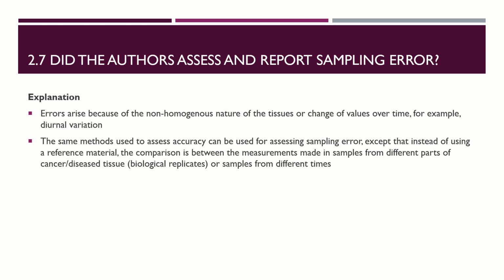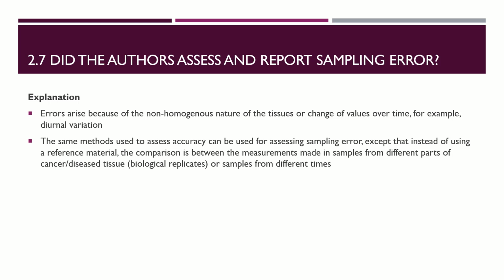So the next signaling question is 2.7. Did the authors assess and report sampling error? Now, errors arise because of the non-homogeneous nature of the tissues or change of values over time. For example, diurnal variation. Now, the same methods used to assess accuracy can be used for assessing sampling error, except that instead of using a reference material, the comparison is between measurements made in samples from different parts of the cancer or disease tissue.